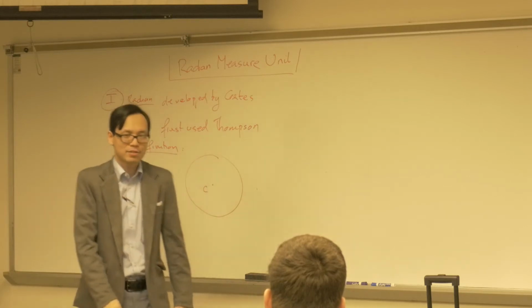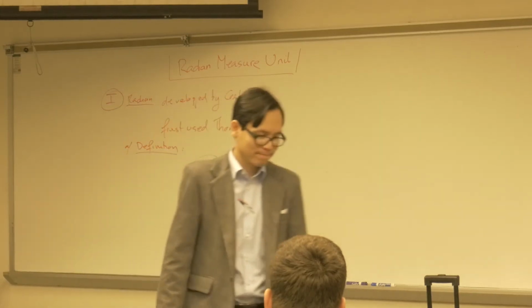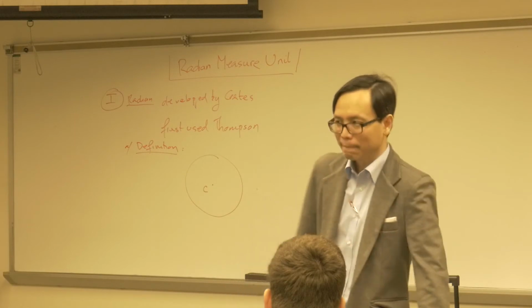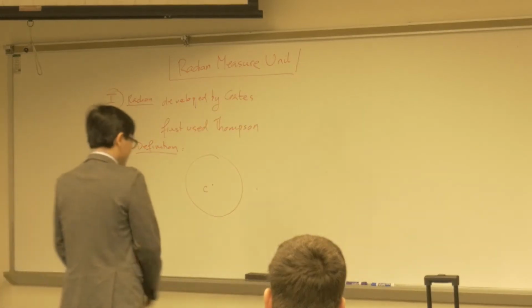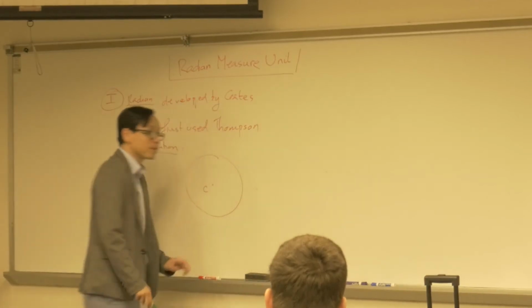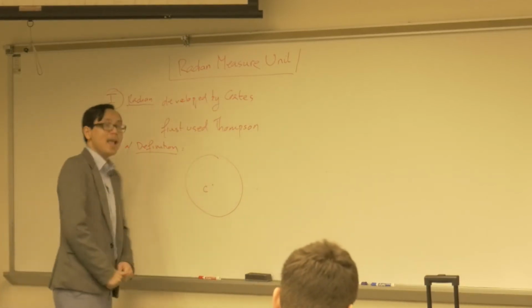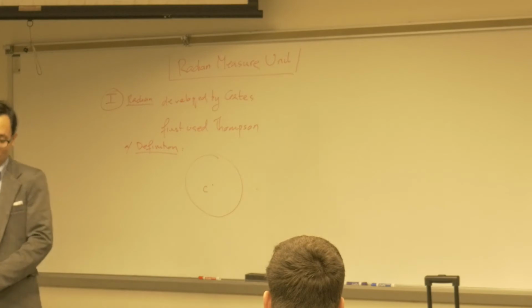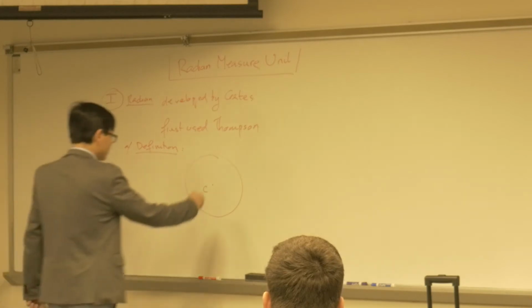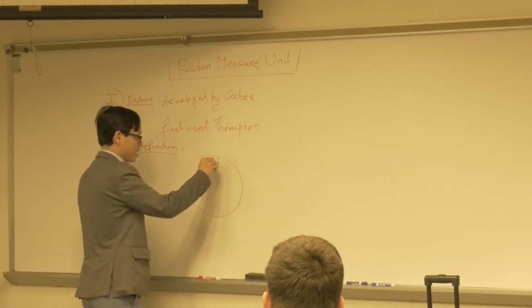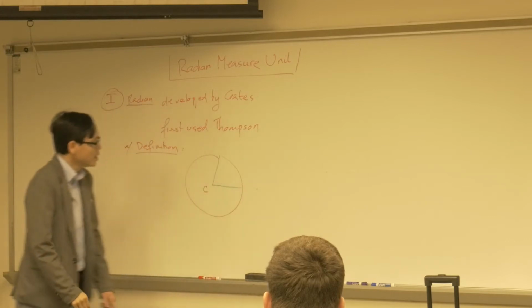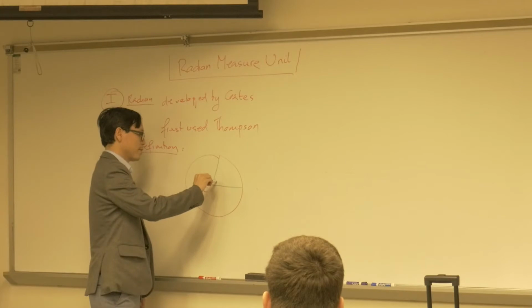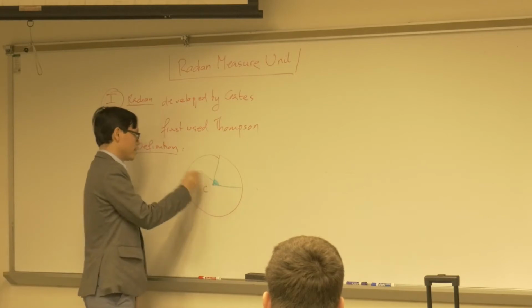So a central angle is the angle created by any two radii. I'm going to draw the first radius like this, and the second radius like that. So this angle right here is the central angle.